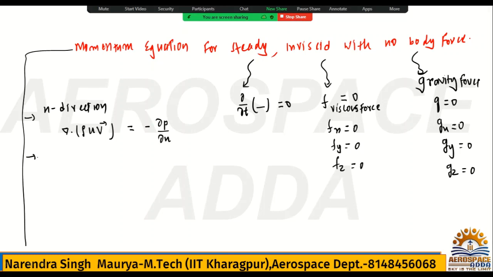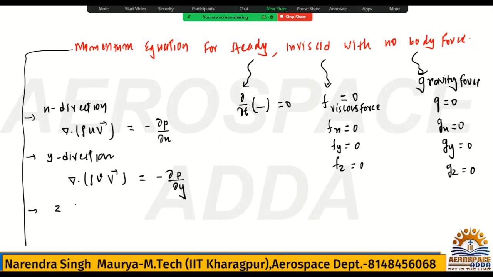This is the momentum equation if you have mentioned steady, inviscid, and no body force.